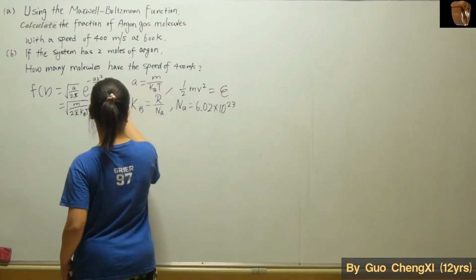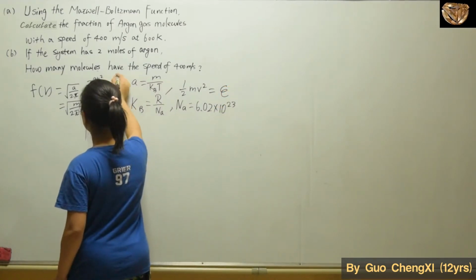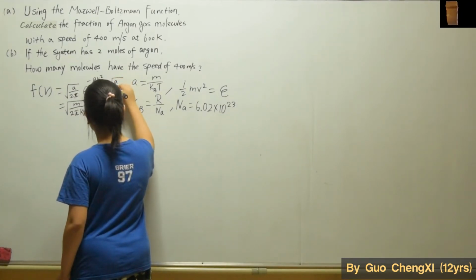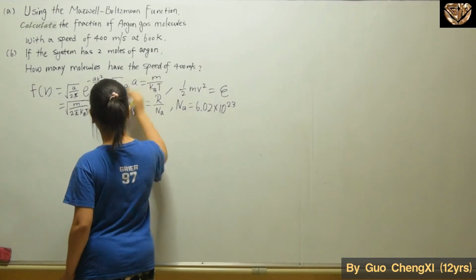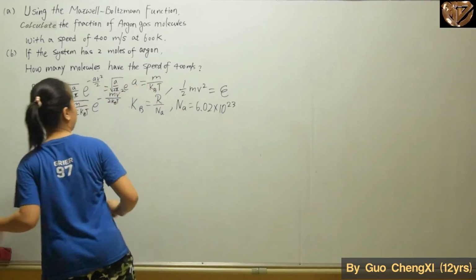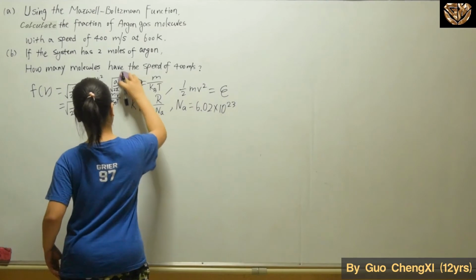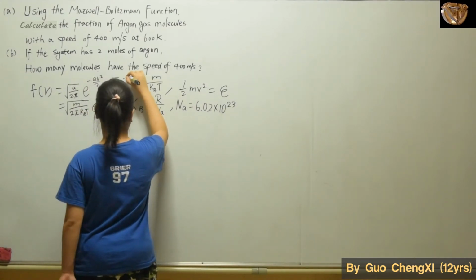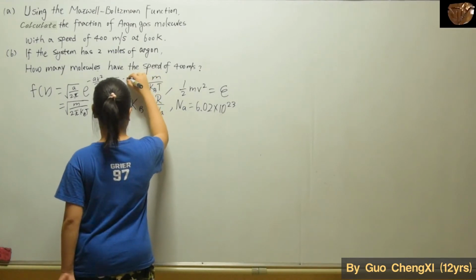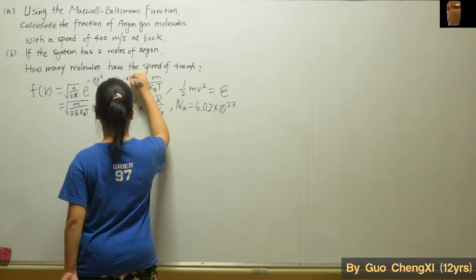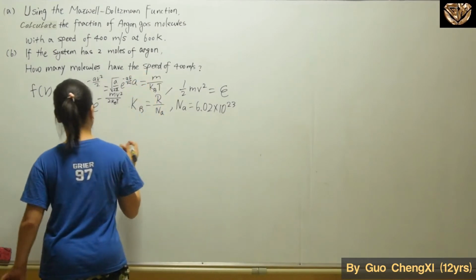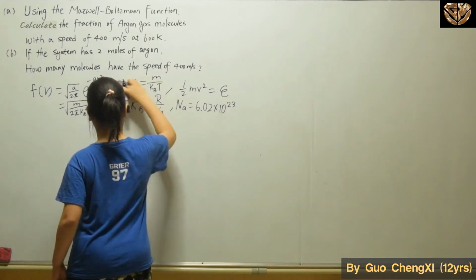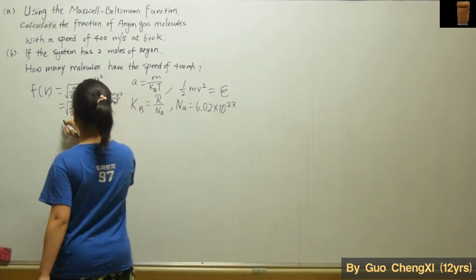You can make it become square root a over 2 pi and then e to the power of negative a epsilon over m. Or if you want it simpler, you can just keep the mv squared itself.